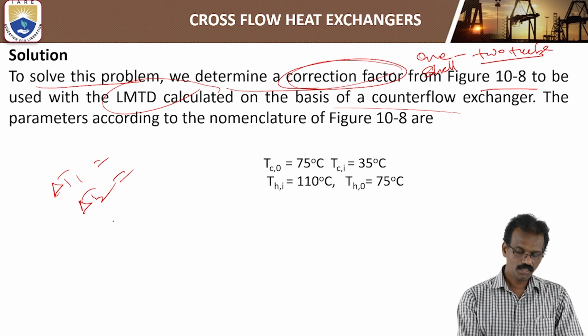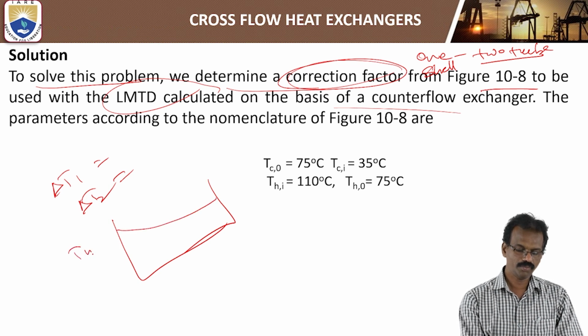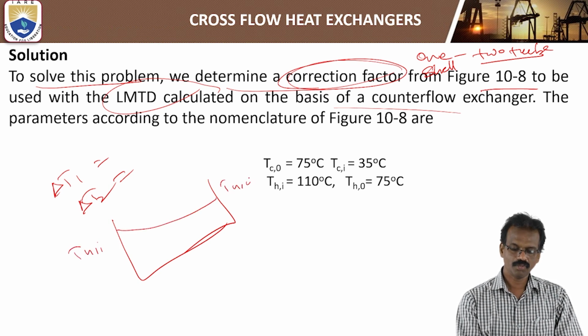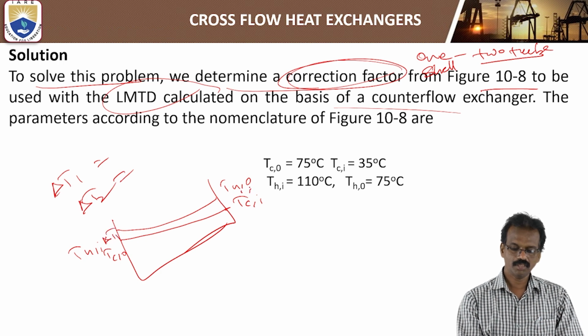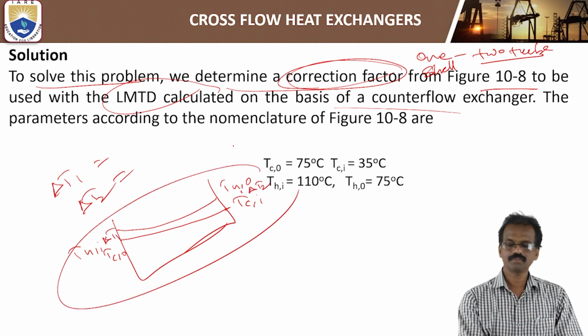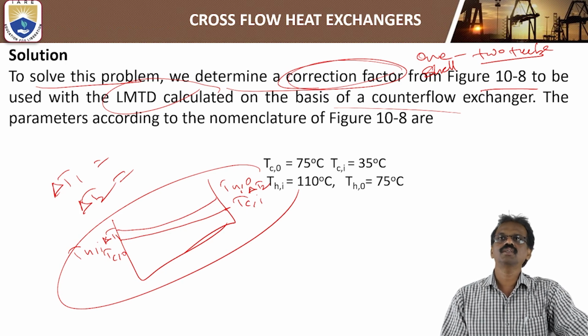It means we see the same graph: hot fluid inlet and outlet, cold fluid inlet and outlet. This is delta T1, this is delta T2. The same diagram applies to the cross flow heat exchanger also.